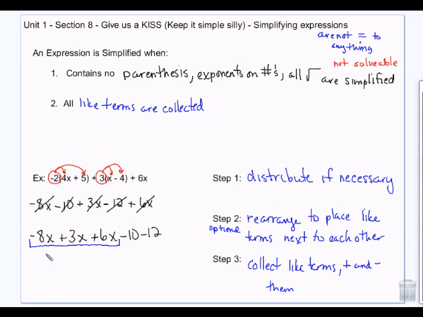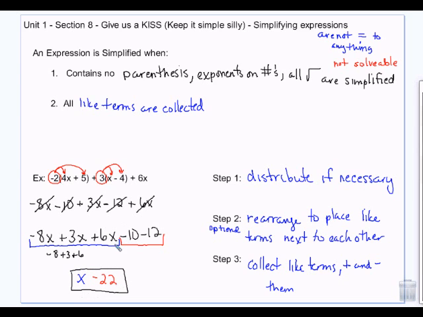So that's -8 plus 3 plus 6, so it equals just x. And then I have -10 and -12, so that's -10 minus 12, so that's -22. So I'm completely simplified. All my like terms are collected.